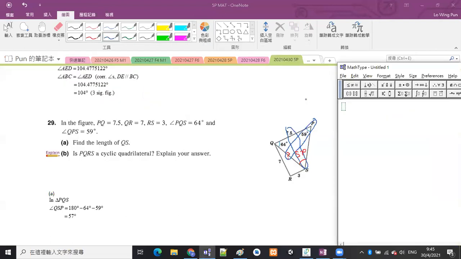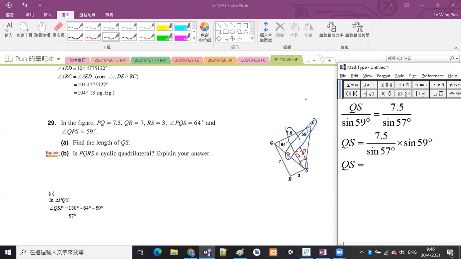So in triangle PQS, I want to find QS. I put QS on the top left corner, divided by sine 59 degrees, is equal to the other pair, 7.5 on the top over sine 57 degrees, okay? Then QS is calculated by 7.5 over sine 57 degrees times sine 59 degrees.